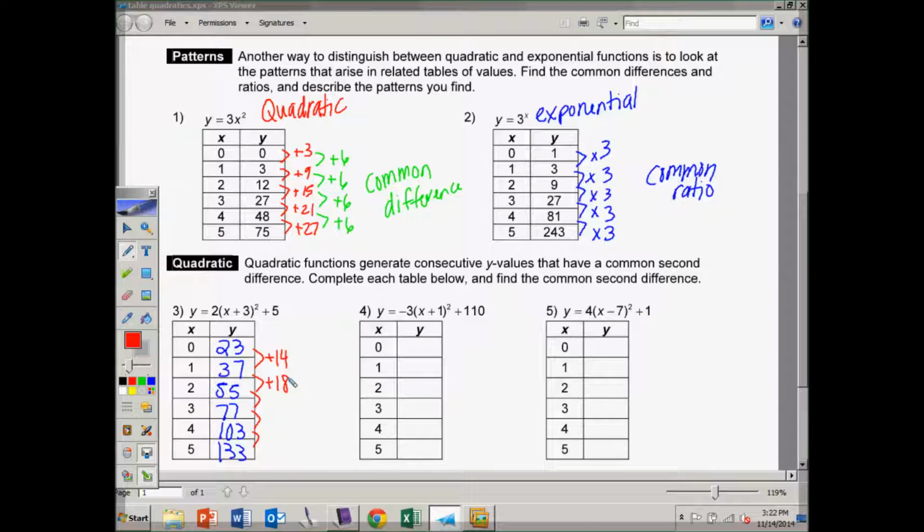From 55 to 77? 22. 77 to 103? 26. And how do I get from 103 to 133? 30. So when I look for my second difference, it's plus 4.